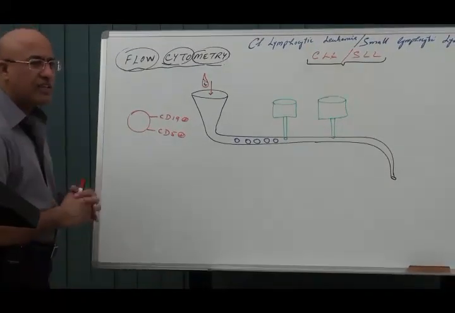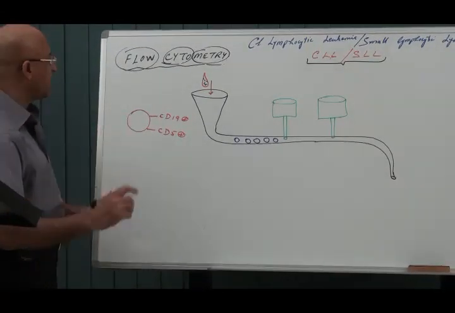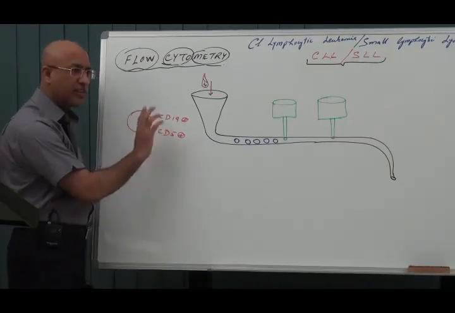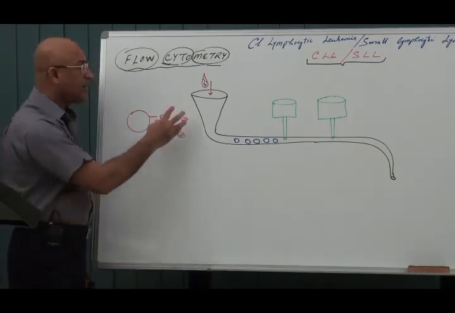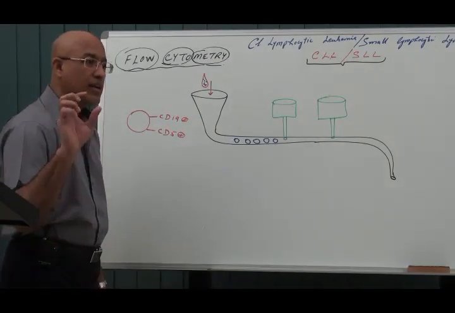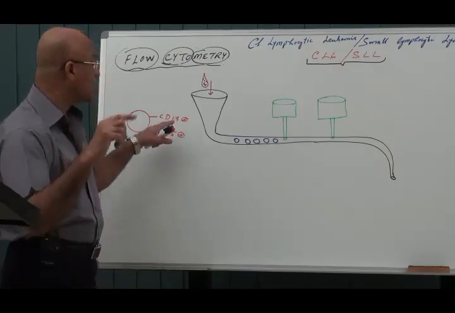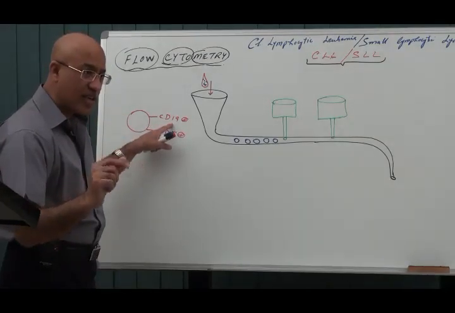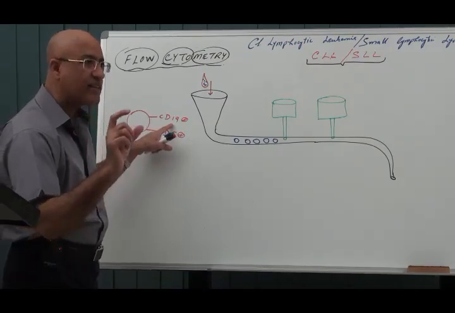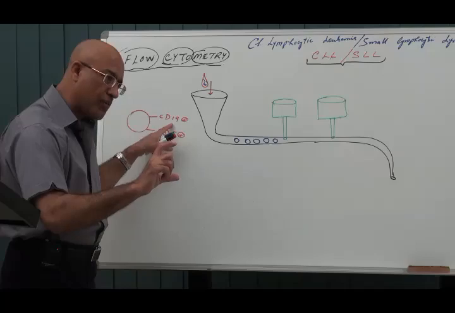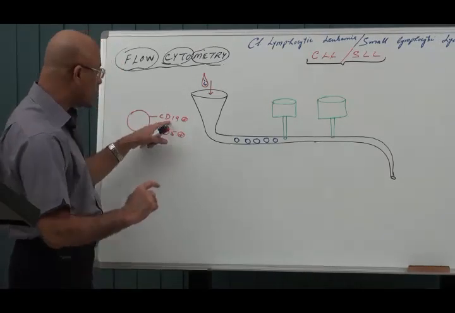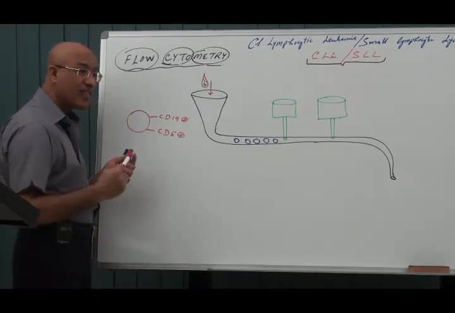I will give you a very simple idea. From the cells we remove CD19, right? Scientists have already done it, and CD19 is injected into some animals. Those animals make antibodies against CD19, and those antibody-making plasma cells are separated and made to multiply and secrete antibodies in the laboratory. Those antibodies are anti-CD19.